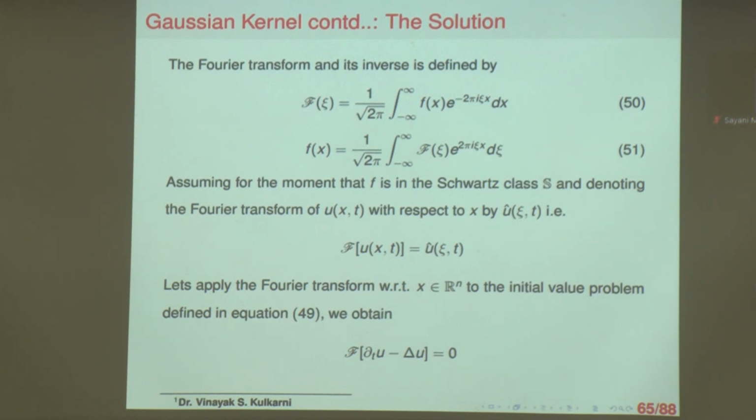Because xi is a multi-index and x is also a multi-index, in the integral you have minus 2 pi i xi x.